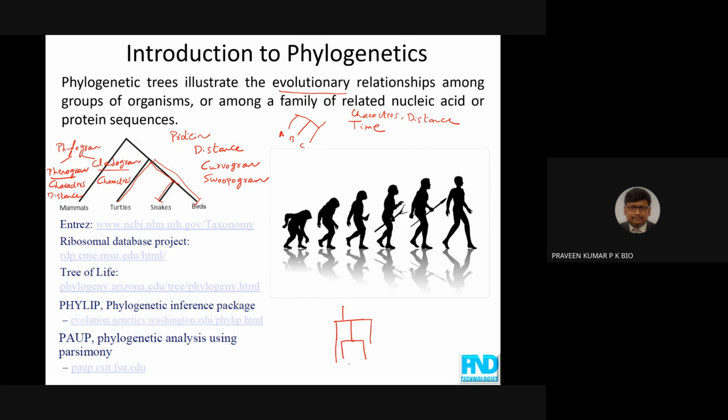This is C for chimpanzee, H for human, and this might be a gorilla, and this might be an orangutan. So what is the evolutionary relationship between them? If you see the evolutionary tree, you can obviously see the lengths are different here. Each and every length is different.